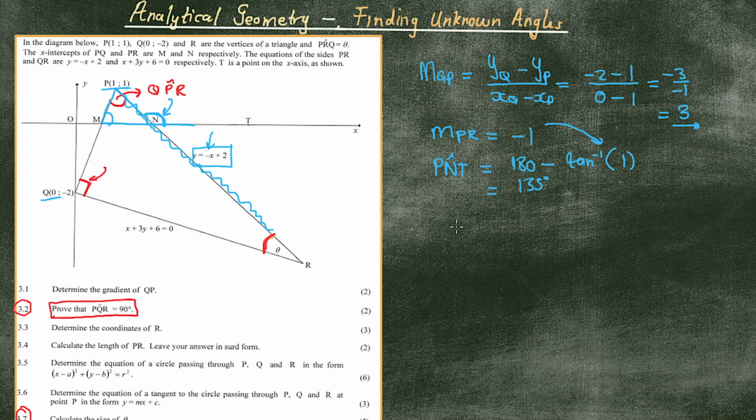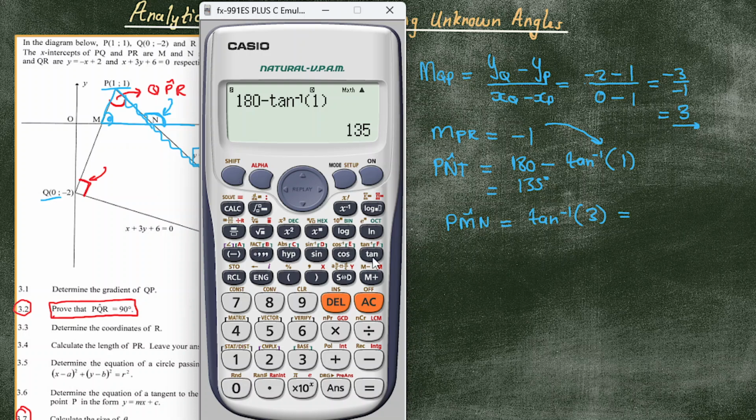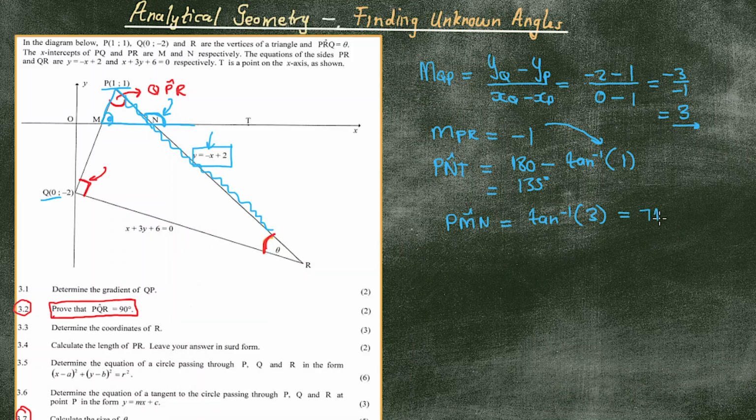Now let's work out the other angle, this one, PMN. PMN is equal to just tan inverse of 3. Shift tan of 3 equal to 71.57 degrees.